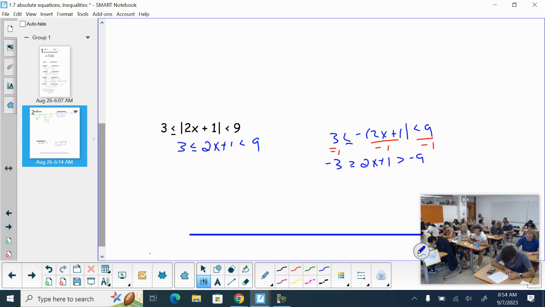Once again, if you want to distribute this through and solve it, -2x minus 1, you can add your 1 to all sides. You're going to divide by the -2, and when you divide by that -2, it's going to turn those signs around for you. Or you can divide through -1 initially. It does not matter. You have six in one, half dozen in another. You have to do what you feel comfortable doing.